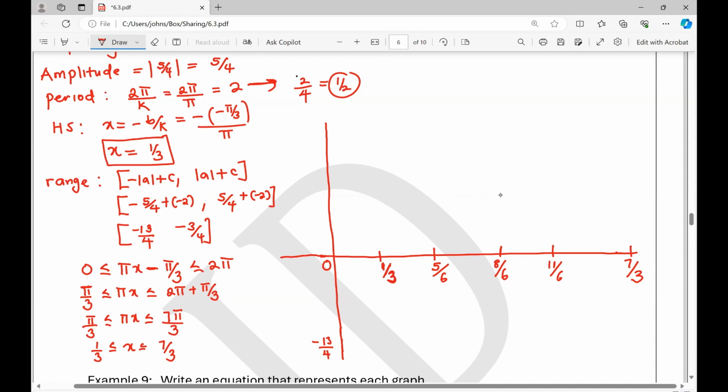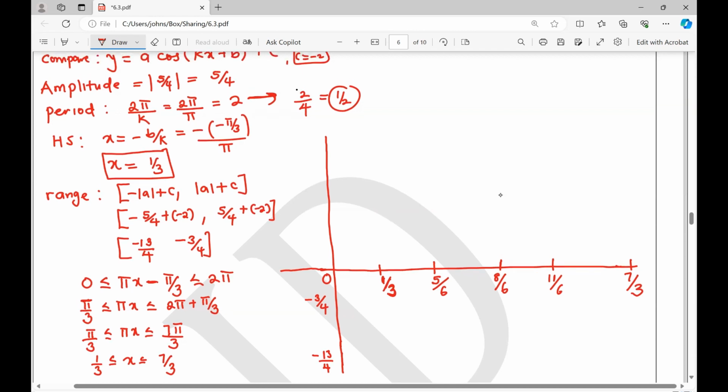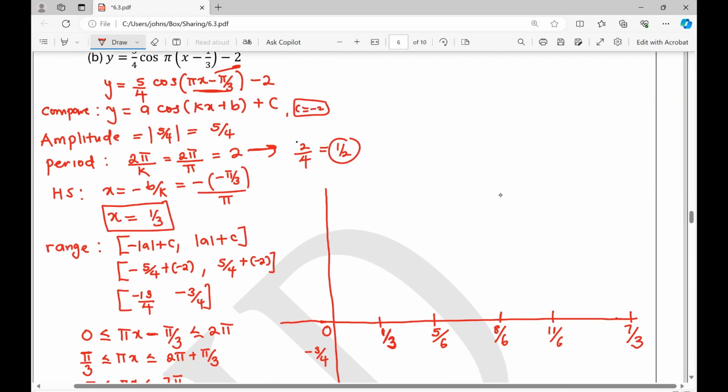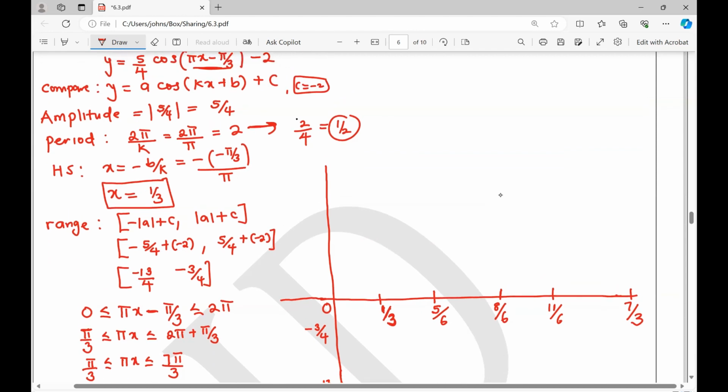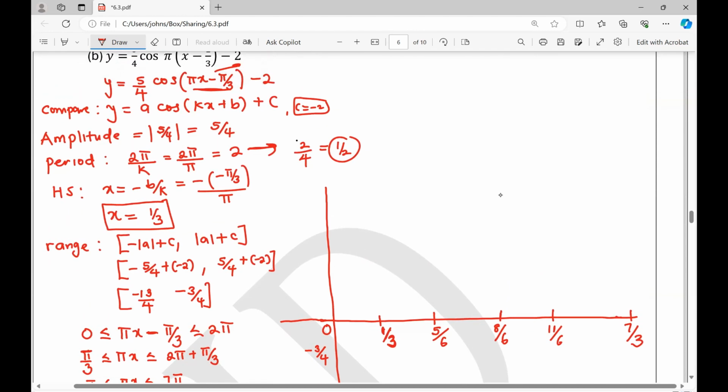This is our minimum. And our maximum is also a negative value, which is minus 3 over 4, right? But we have a vertical translation, which is c. And what is that c? Remember that c is minus 2.